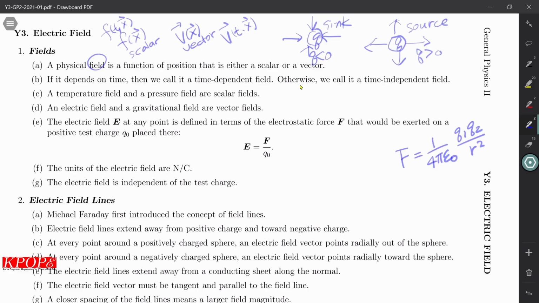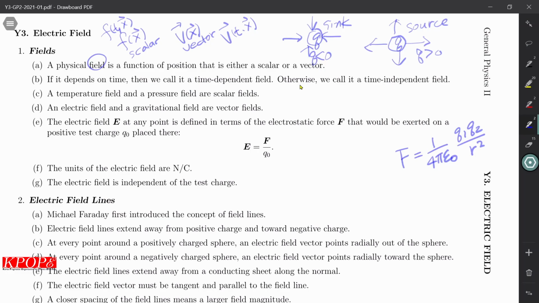If the two charges are of equal sign, then the force is repulsive, and if the signs of the charges are different, the product is negative, then the force is attractive.